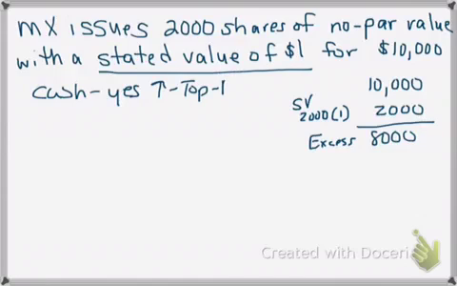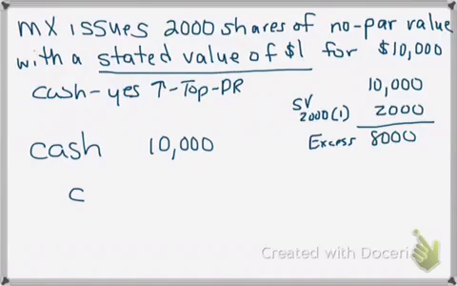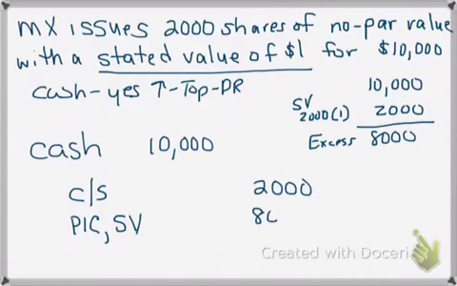So I will have cash in the amount of $10,000 as my debit. My credits will be common stock for that stated value amount, which is $2,000. And then I will have paid in capital in excess of the stated value for common stock, which is going to be a credit for $8,000.